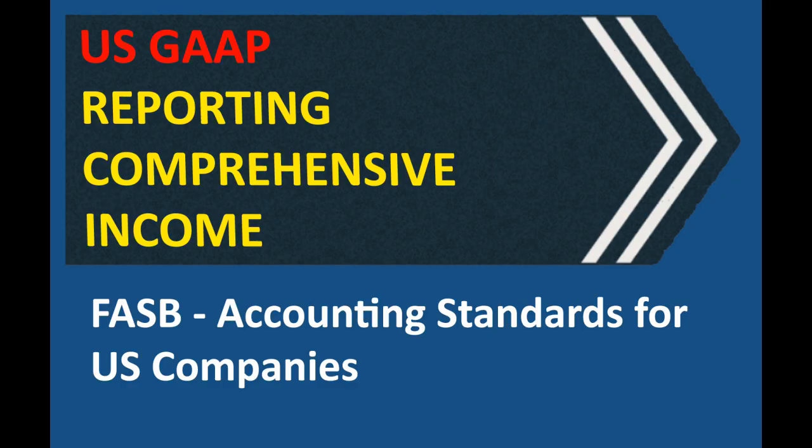Okay, let's look at that list. What kind of things typically end up in OCI? Well, one of the big ones the sources mention is currency translation adjustments. Foreign currency effects. Right. If a company has operations overseas, say a subsidiary in Europe, they have to translate that subsidiary's financial statements from euros back into US dollars for the consolidated report.